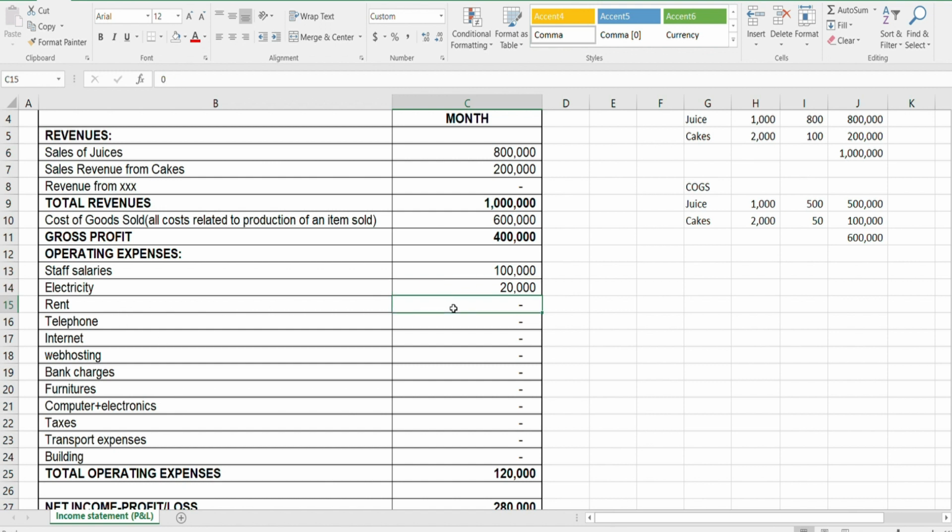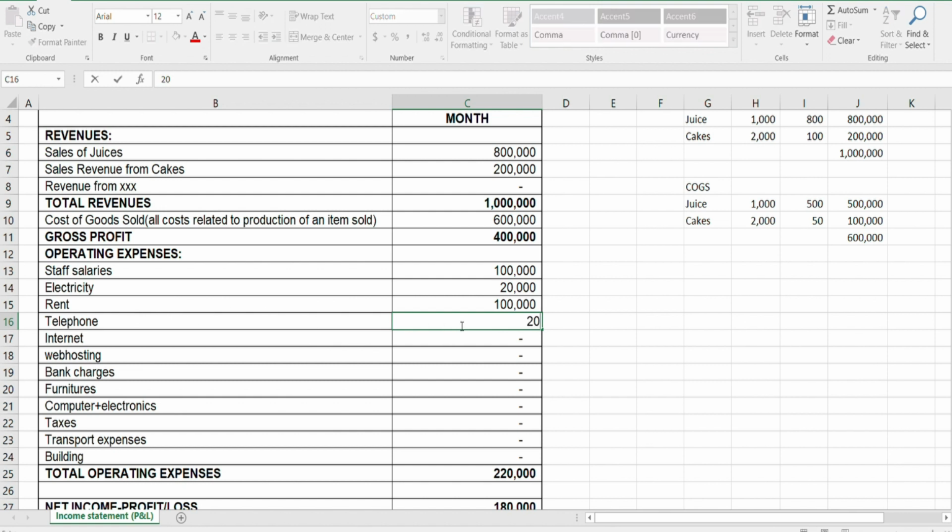For the rent, you may have rented a house of 100. It's a house or an office or a plant. It may depend. Those are running expenses for the general office or general plant. You have to record all those expenses.